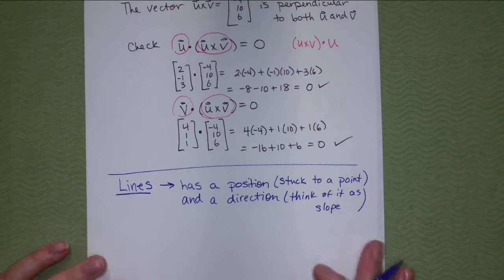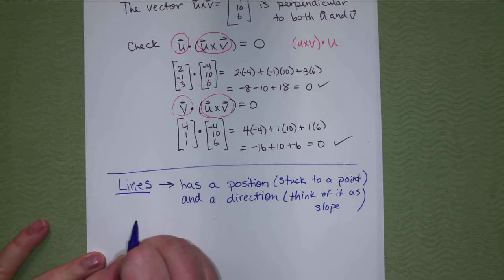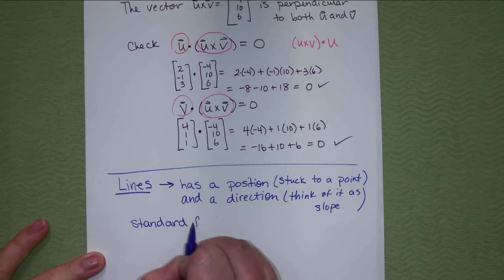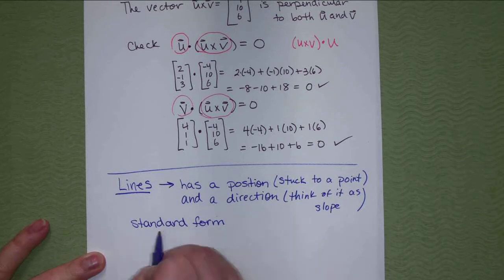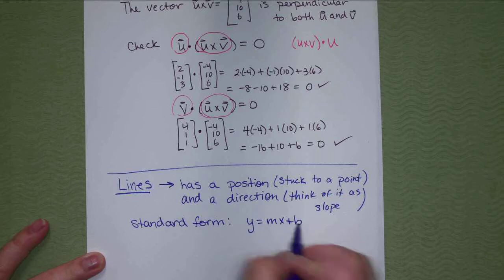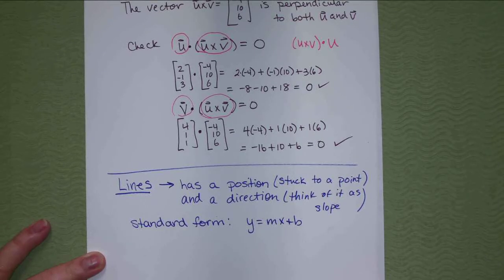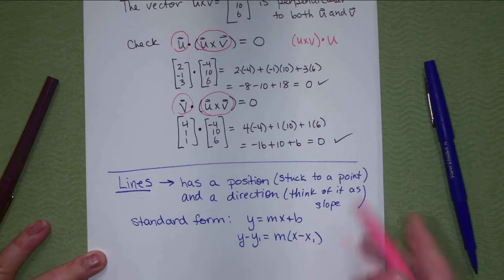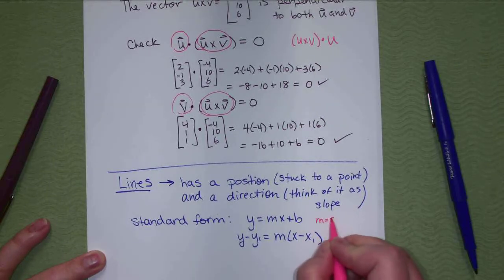So to write a line in standard form, y equals mx plus b, that's what we normally see. A slope and a point, the y-intercept, or y minus y1. For both of these, we have a slope, that's the direction.